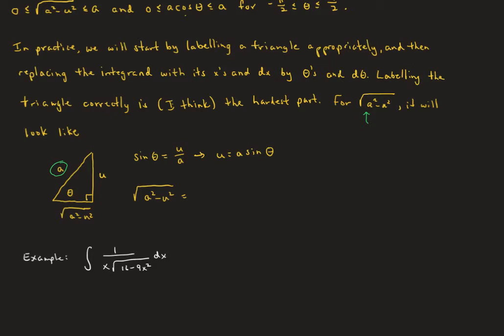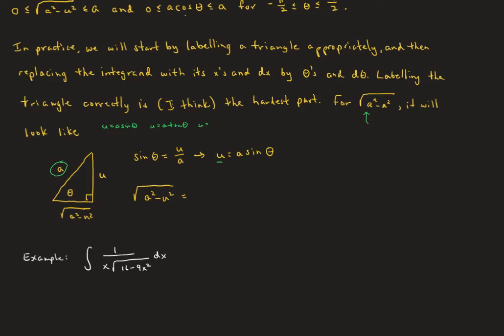Now the next thing is we're going to try to decide what is u. Now we will always choose u to be either something to do with a sine or a tangent, or a secant.